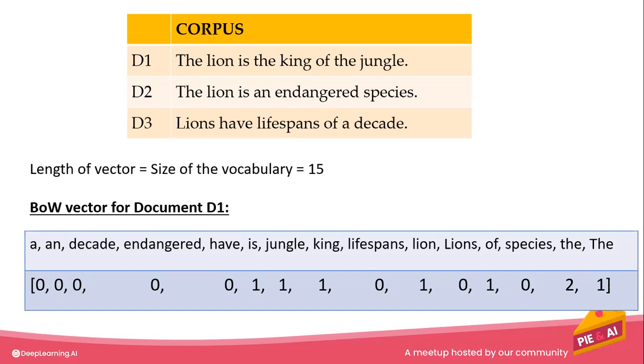This is how the bag of words vector works. It has been proven to be quite efficient for simple applications. For our SMS spam classification, it works quite well, as you'll see shortly.